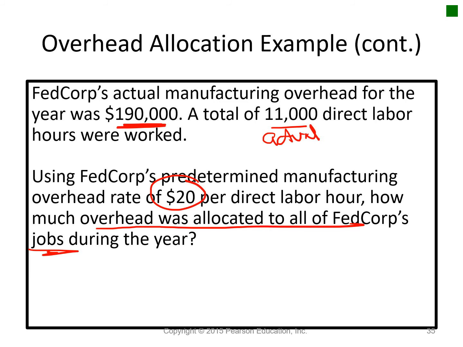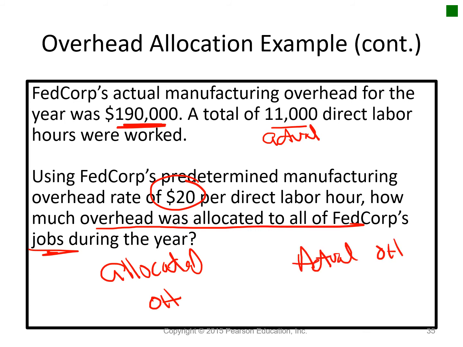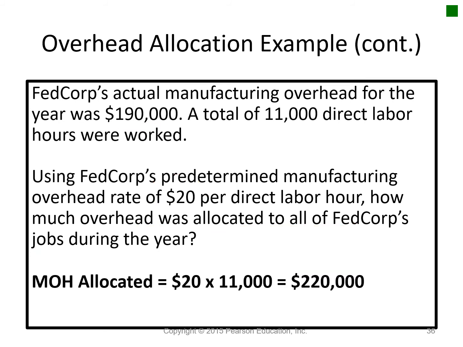So our job is, we need to figure out, first of all, what's our allocated overhead. So we're going to figure that out. And then once we get that, we're going to compare it to the actual overhead. And the actual overhead was 190. So we're going to see how close we got, and then we're going to figure out what to do with the difference. All right, so right away we see there is going to be a difference.